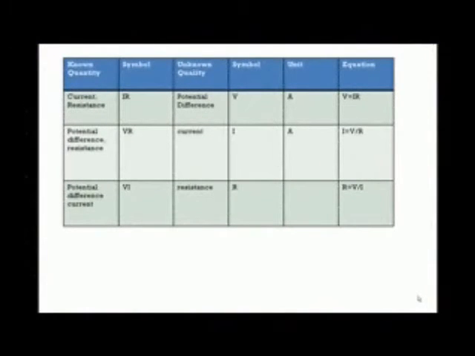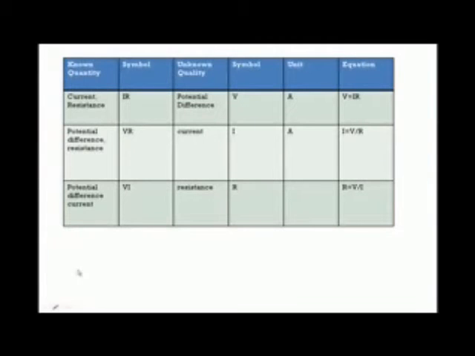So here we have a table that gives you a general overview of the different kinds of equations that you would need to know for Ohm's law. Our first case is to find the value for potential difference.